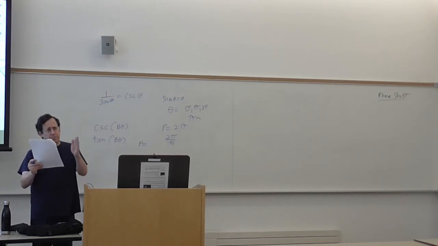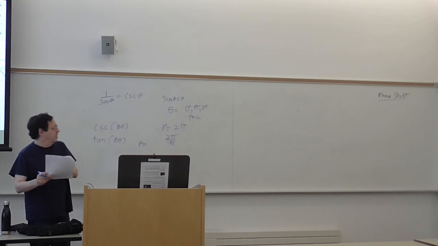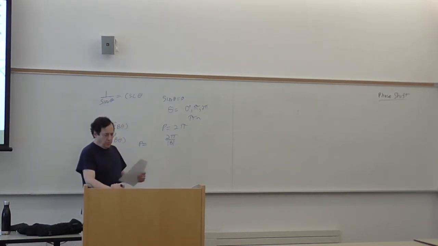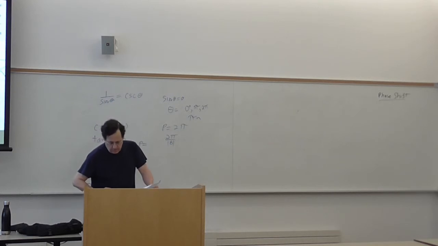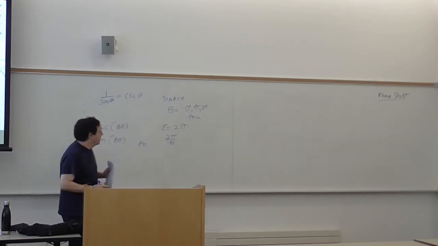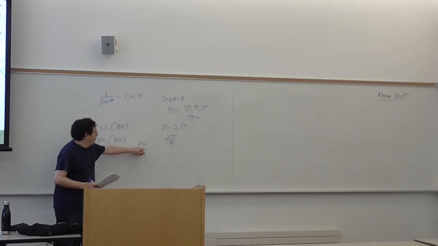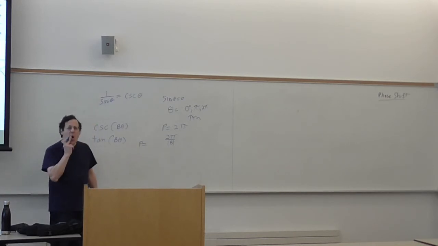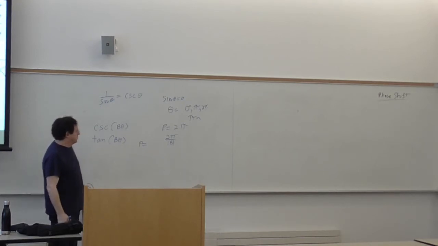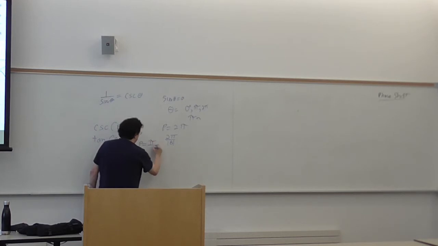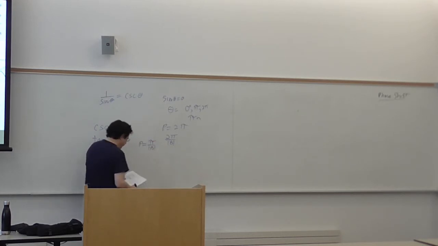Because a tangent has a period of pi normally, so if there's a b, what's the period of the tangent? It's just going to be pi over the absolute value of b.